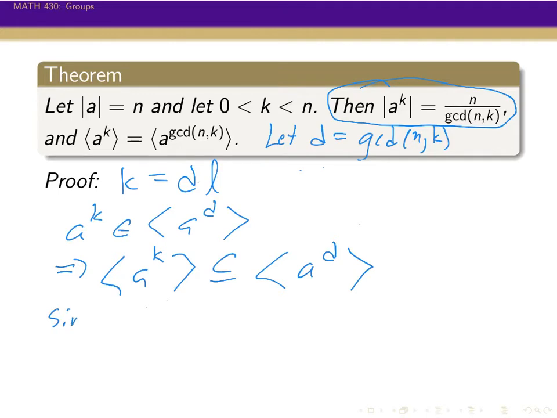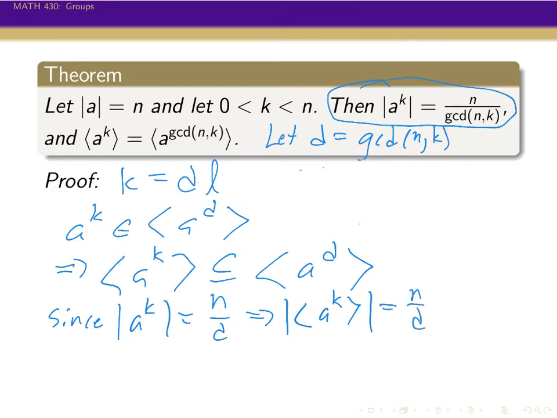So since the order of a to the k is equal to n over d, this means that the order of the subgroup generated by a to the k is also equal to n over d. Similarly, the subgroup generated by a to the d, its order is also going to be n over d.